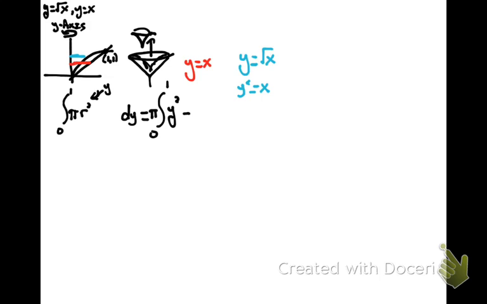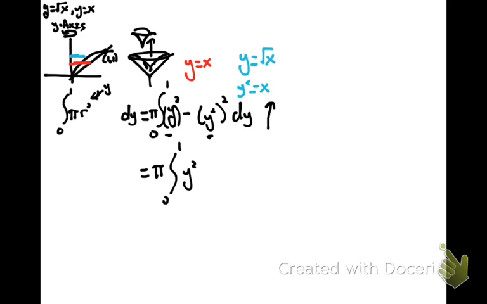So in our integral, we will be subtracting y to the 4th dy, so we have our outside minus our inside. And everything's in terms of y because our circles are oriented vertically. If we clean this up, our integral will be from 0 to 1 of y squared minus y to the 4th dy.